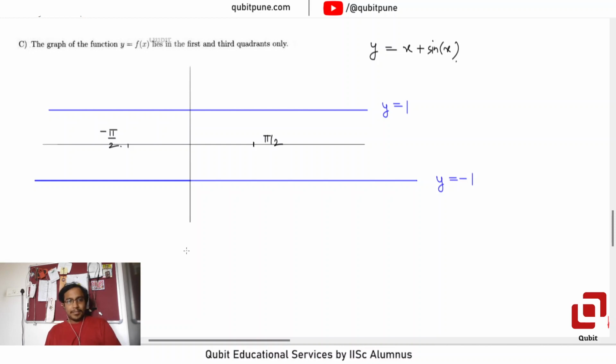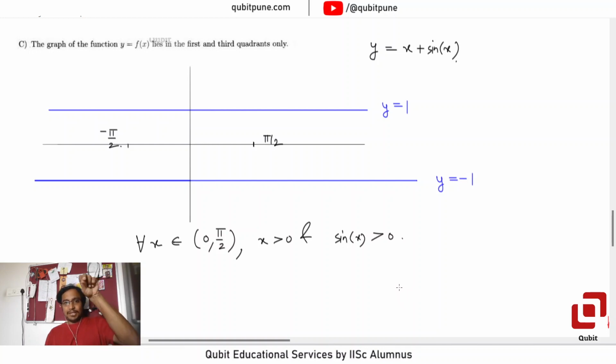Now look. For all x in the interval 0 to pi by 2, x is positive and sin x is also positive.